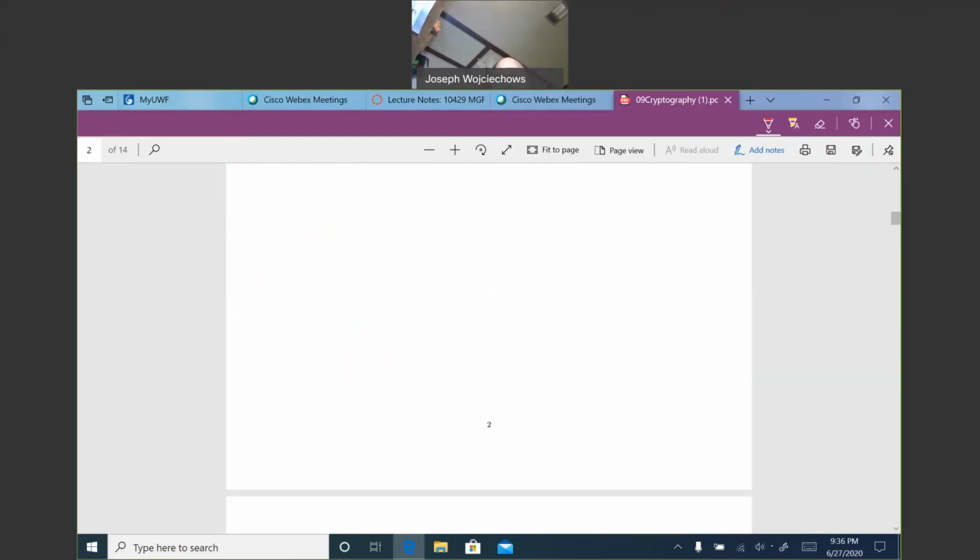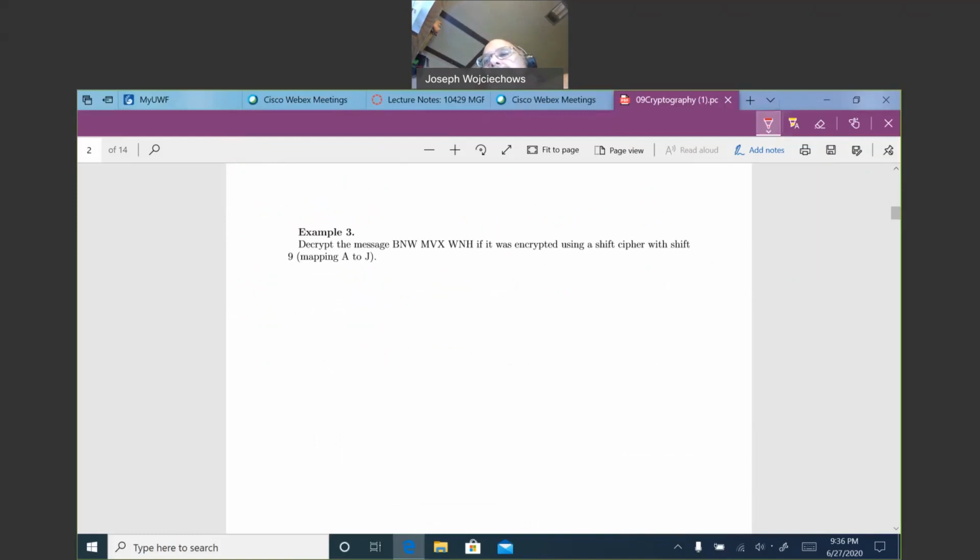Okay, another example of this. Same principle. Decrypt the message if it's encrypted with a shift cipher with a shift of 9. In other words, mapping A to J. And we write our alphabet out.